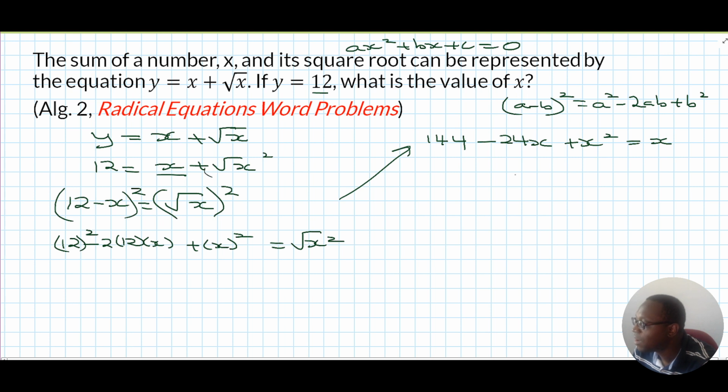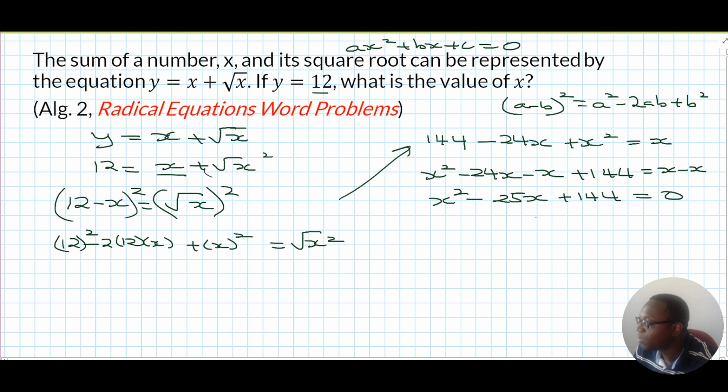We now have x squared minus 24x minus x plus 144 equal to x minus x. So now we have x squared minus 25x plus 144 equal to 0. Everybody okay with that?